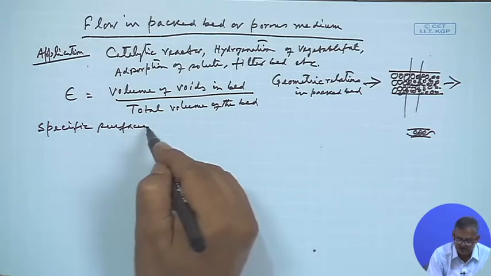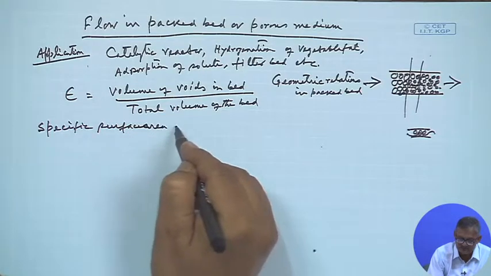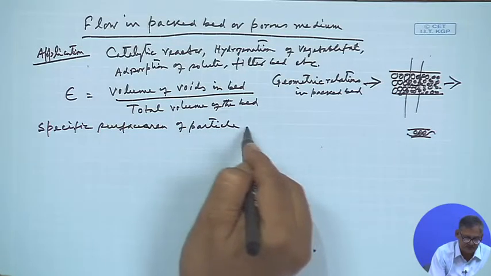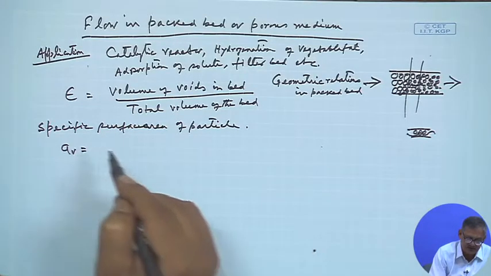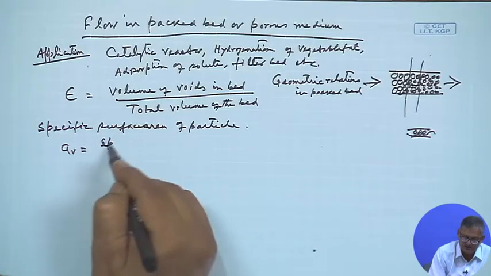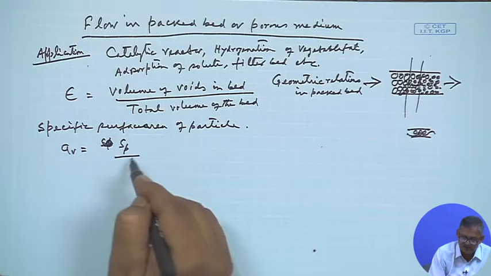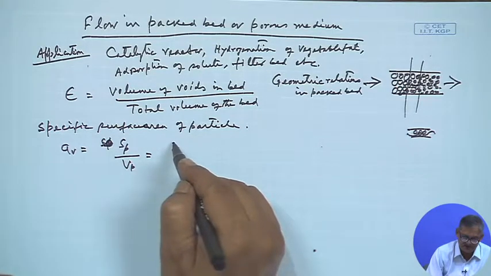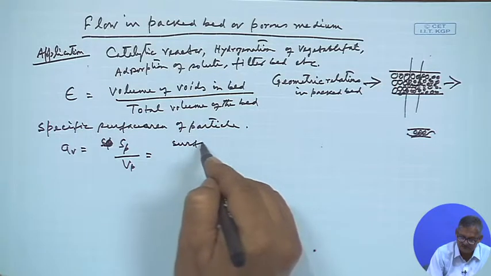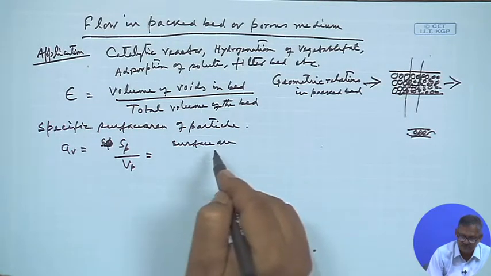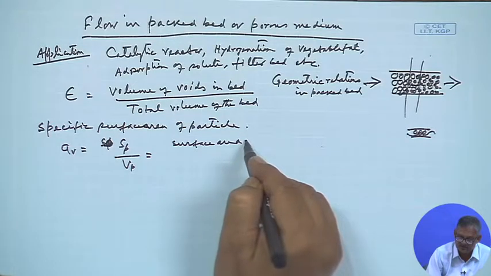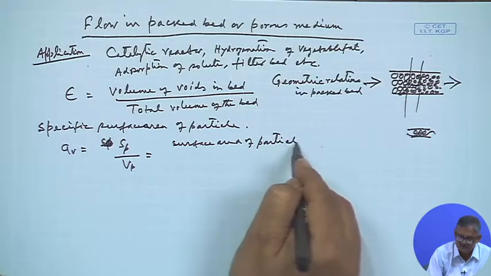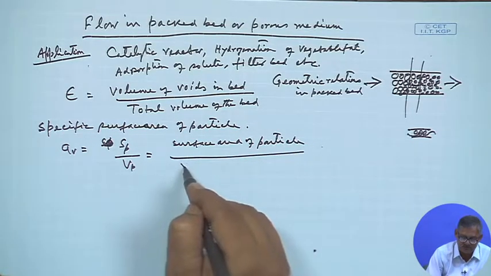specific surface area of particle. This is if AV is SP over VP, that is surface area of a particle to volume of particle.